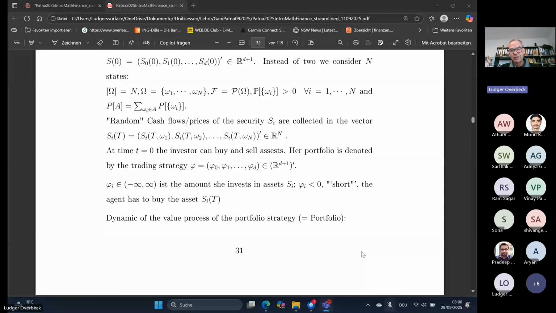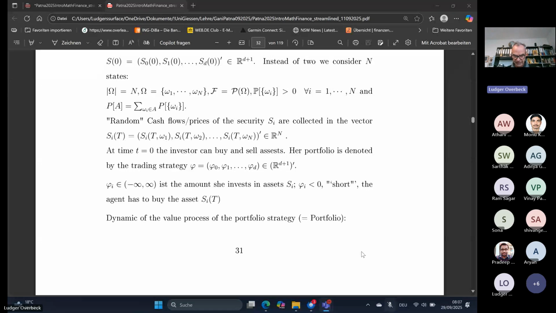So at each node in the tree, in each branch of the tree, you can replicate. And so you do it recursively, and you finally come to time 0, where you have the price of the option as the price of the replicating portfolio. As I said, that's just one simple example.